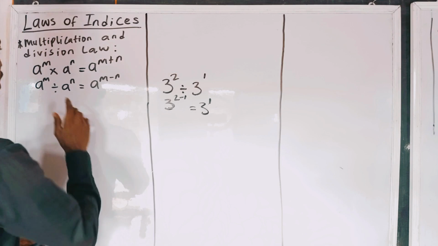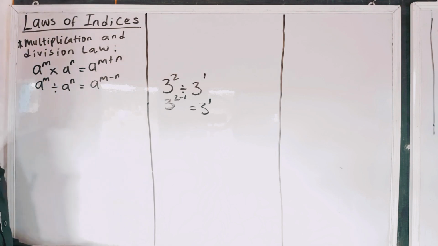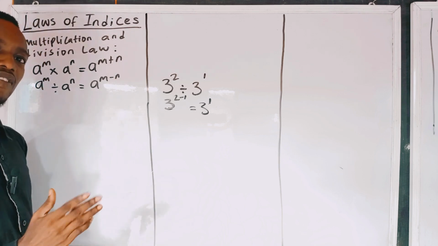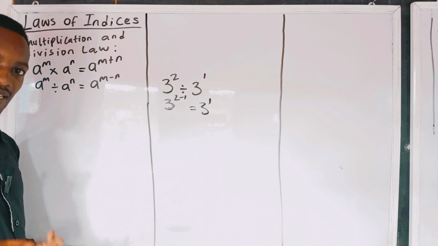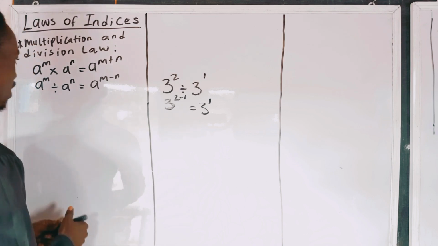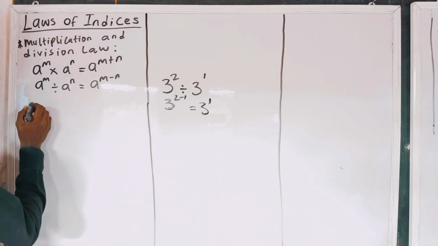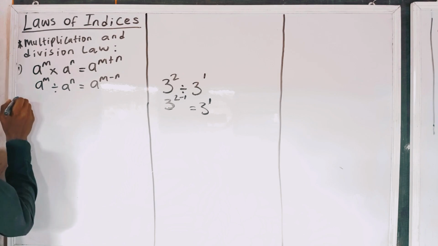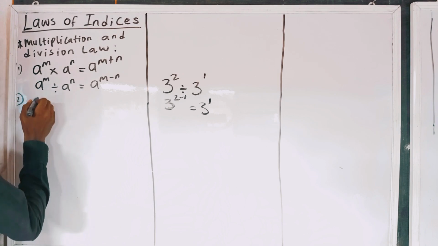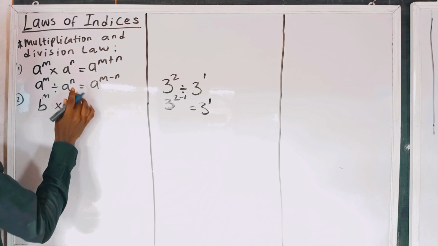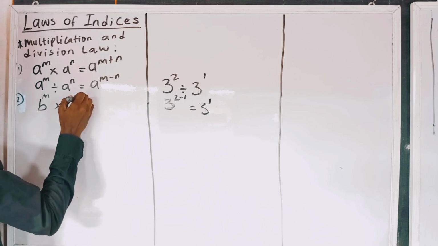Are you following? Now, this is when they have the same base. And there can be some other cases whereby they might have different bases but the same power. How can we do something like that? Let's say this is an extension of this law. This was situation 1, let's say situation 2 now. They have different bases. Let's say b to the power of m times c to the power of m.